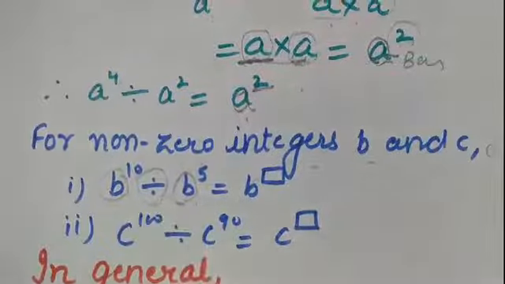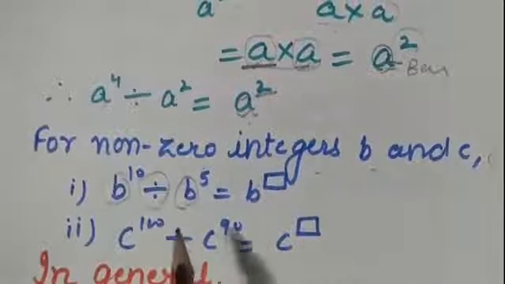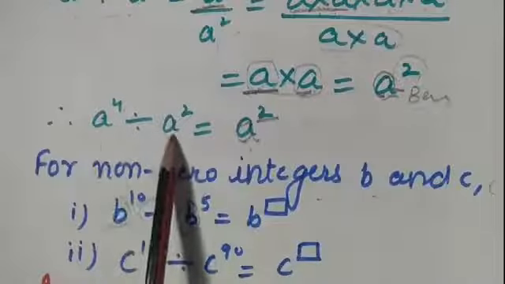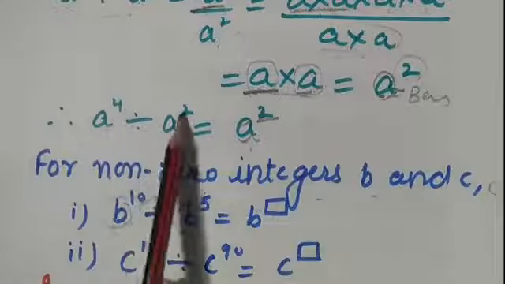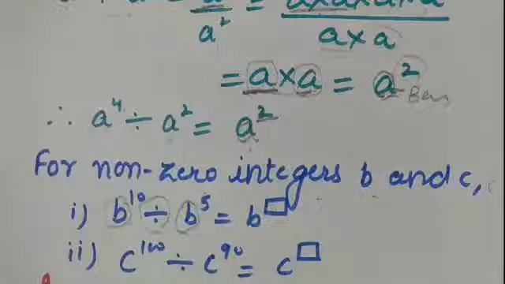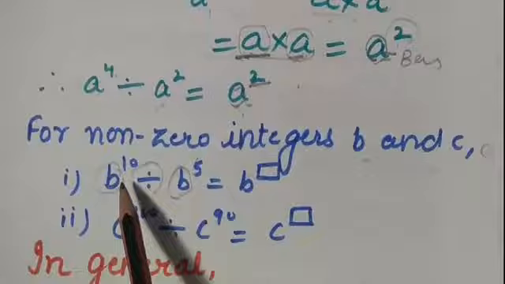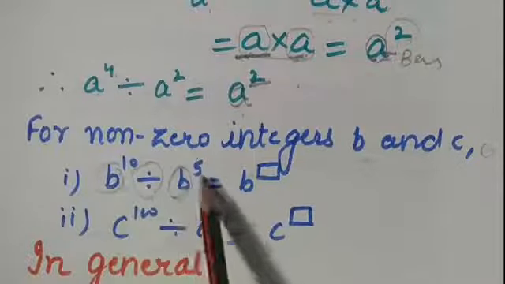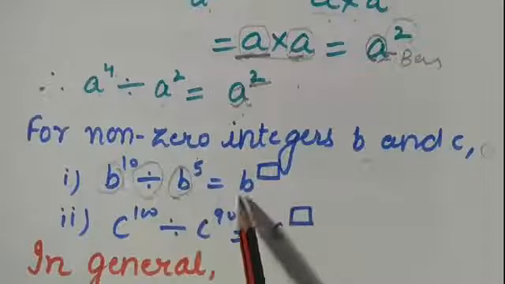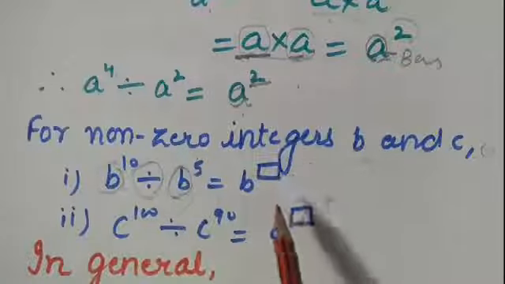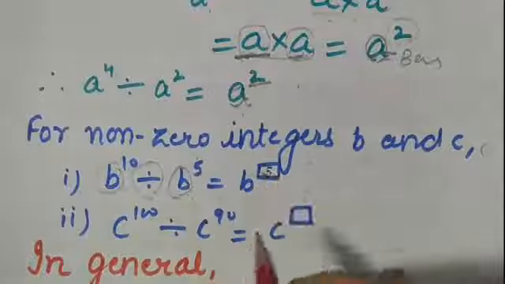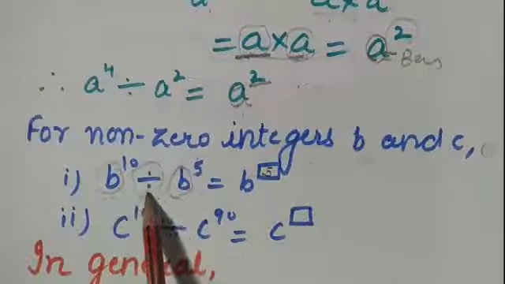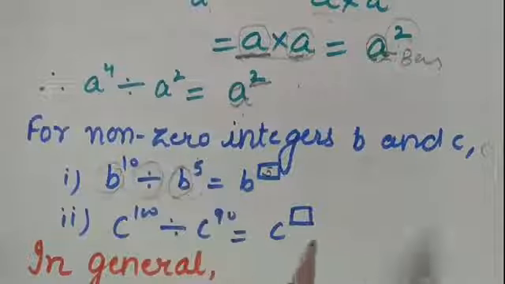So as we have observed from the previous examples, if we are dividing two exponential numbers having the same base, then the powers get subtracted. So b raised to the power 10 divided by b raised to the power 5 is equal to b raised to the power 10 minus 5, that is equal to b to the power 5. Whenever you have the same base and in between you have the division, then the powers get subtracted.